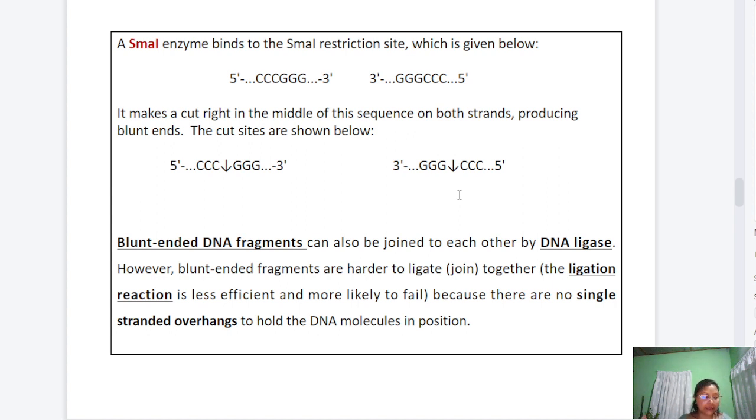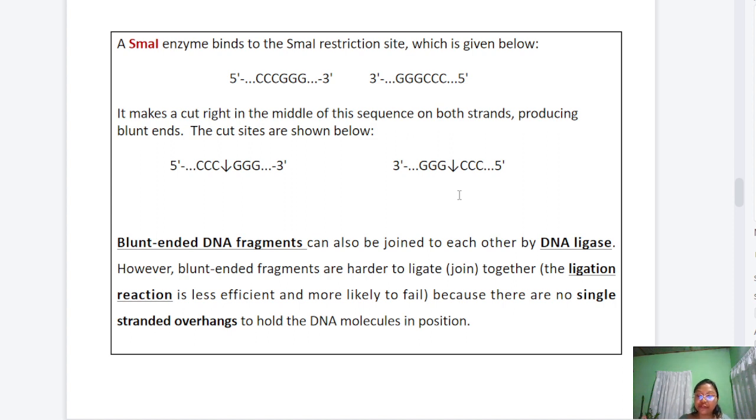So blunt-ended DNA fragments can also be joined together by DNA ligase, just like I said in the previous slide. However, blunt-ended fragments are harder to ligate, or harder to join together during the ligation reaction. Why? Because it is completely blunt. There are no overhangs.